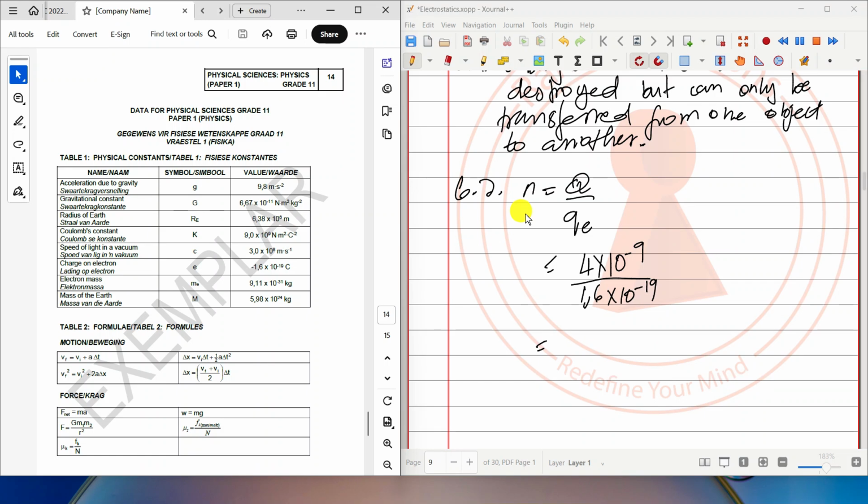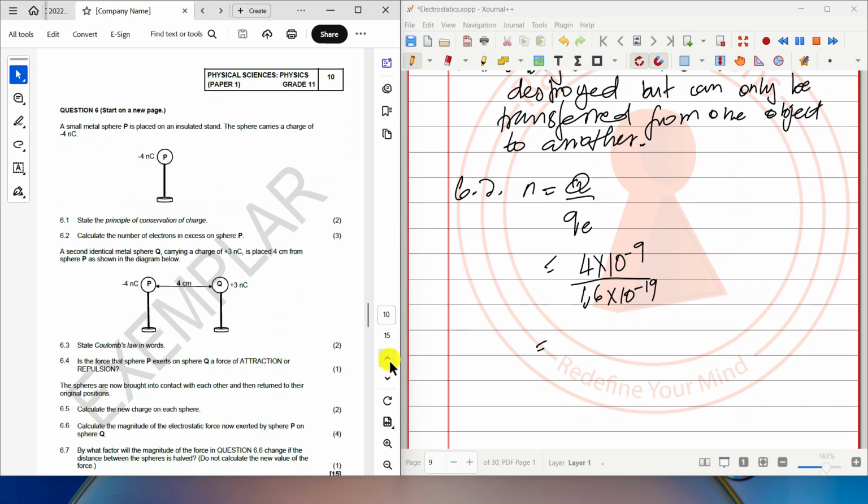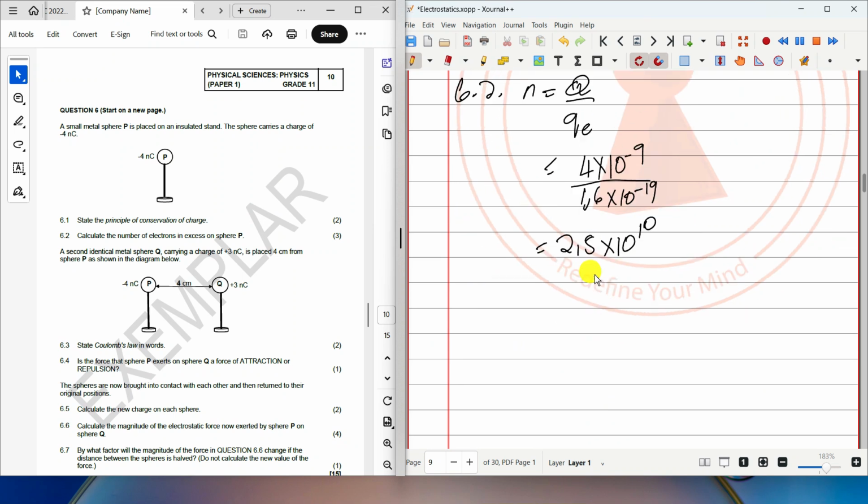Now let's get our answer: 4 times 10 to the negative 9 over 1,6 times 10 to the negative 19. We have 2,5 times 10 to the positive 10 electrons.